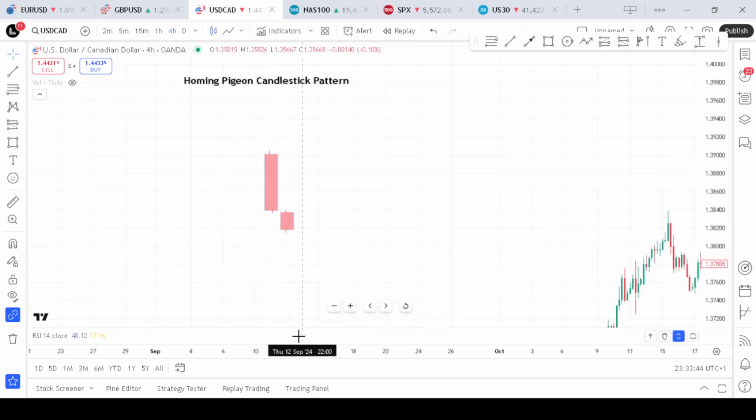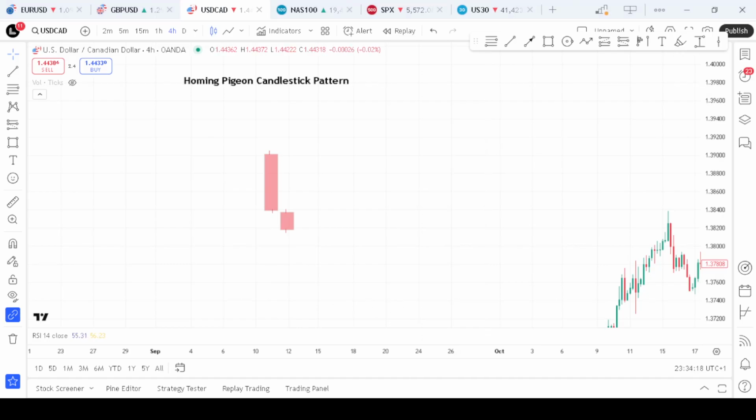This signals that the selling pressure begins to weaken. The second candle shows that the bears could not push the price lower than the previous day's range, suggesting potential exhaustion in the current downtrend. This is what this pattern is all about, and this is a particular example of this pattern.